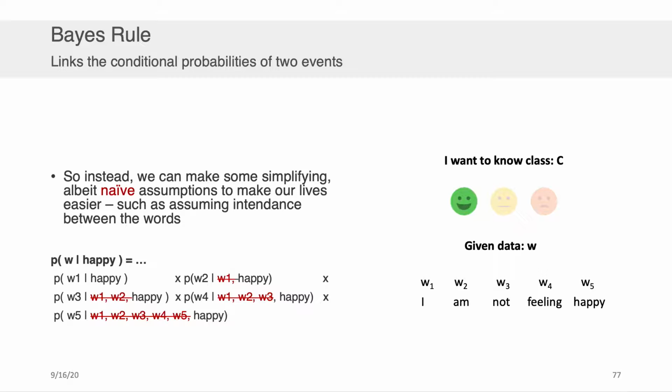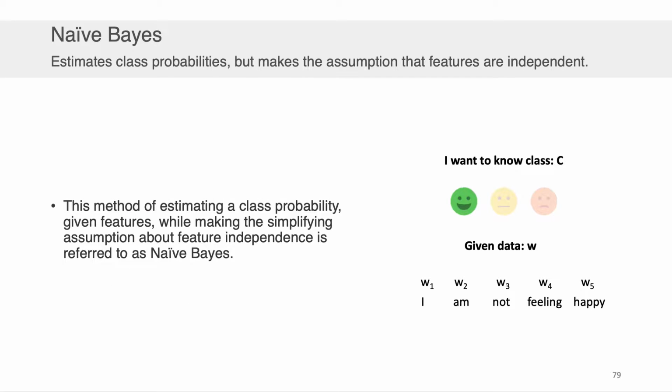And so effectively, they just throw these out and make that naive assumption so that the probability of W given happy is simply the probability of the first word given that you're happy, the probability of the second word given that you're happy, the probability of the third word given that you're happy, and so on, which is significantly easier and more computationally tractable and is not as sensitive to issues like sparsity in your data set.